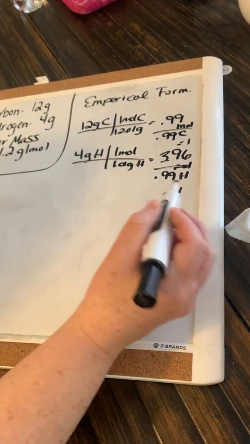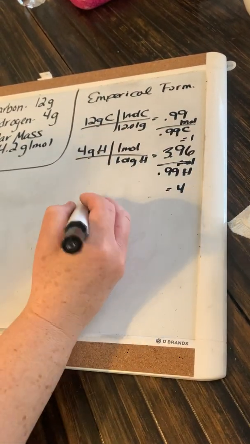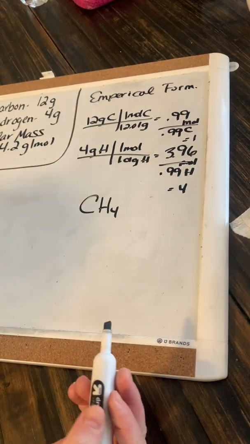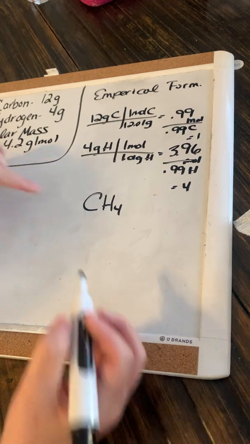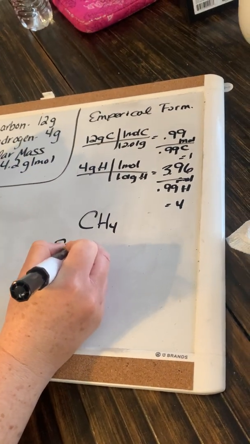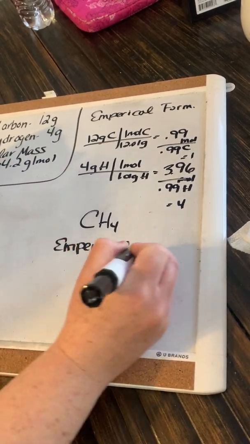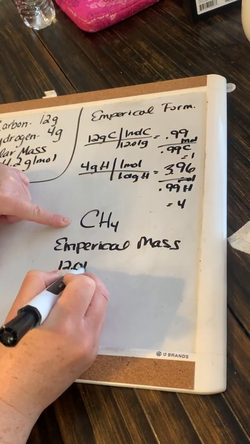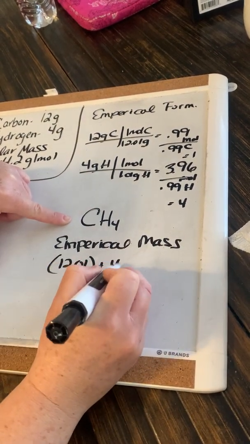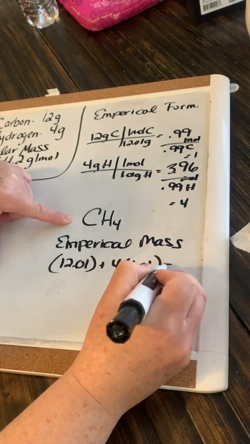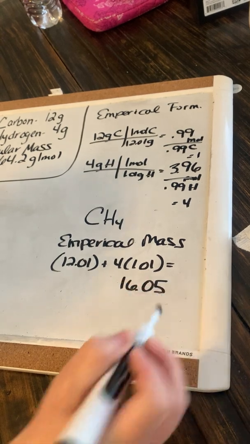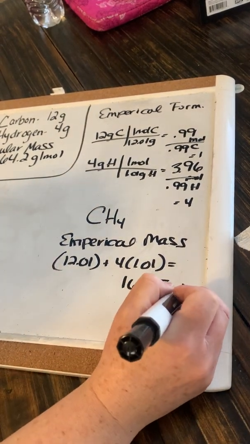Okay, so that means you have 1 carbon and 4 hydrogens. So your empirical formula is CH4. Once you have your empirical formula, you can find empirical mass. To find empirical mass, you just take 12.01 grams of carbon plus 4 times 1.01 grams of hydrogen, and you get like 16.05-ish, and that's grams per mole.